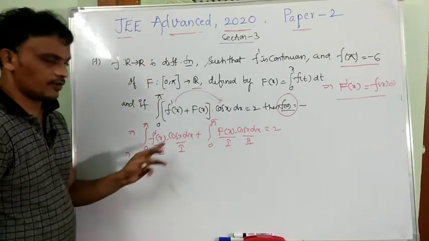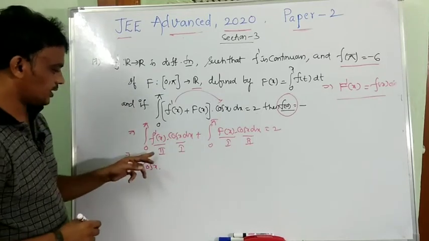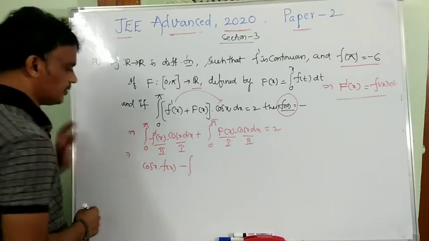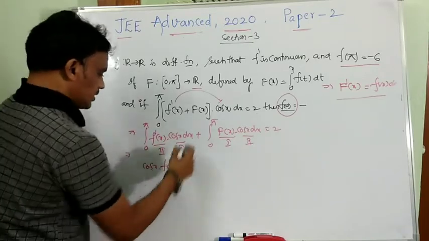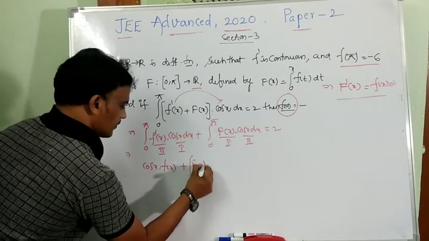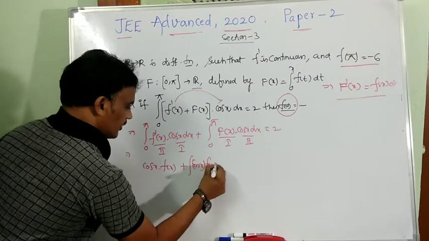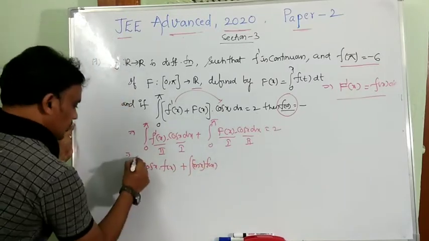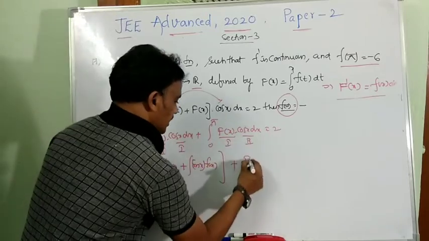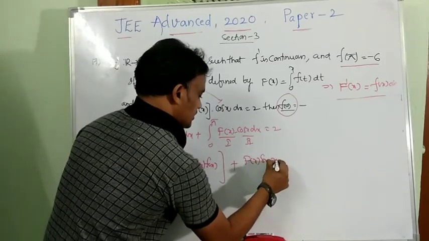So the integration of f of x into g of x is f of x into the integration of g of x, minus the integration of f dash of x into the integration of g of x. Here, for the first part, f dash of x is the first function and cos x is the second function, so the integration of cos x is sin x.